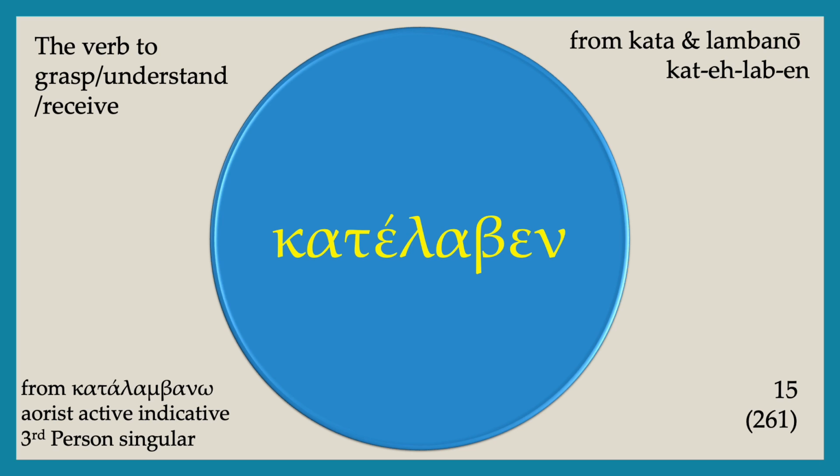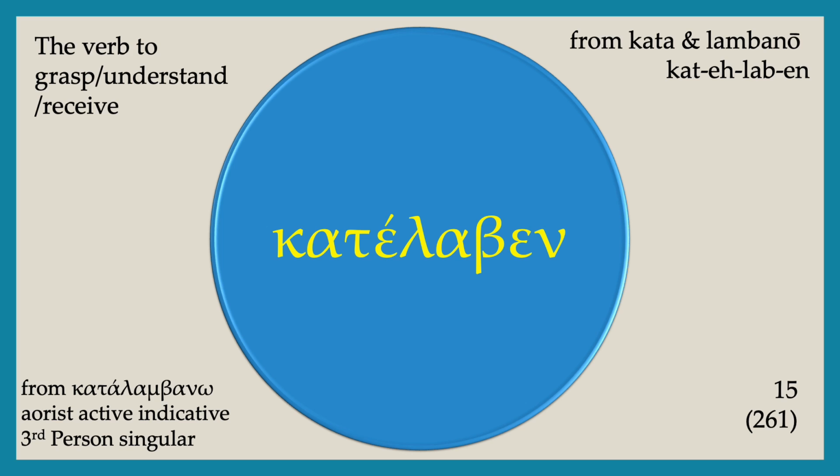And then here's another one, the verb to grasp something or to understand it is lambano, or kata lambano, which has joined the preposition meaning with, according to, or alongside. It then becomes kata lambano, a compound word. If we were to have a third person singular aorist active indicative, that would become kata laben.